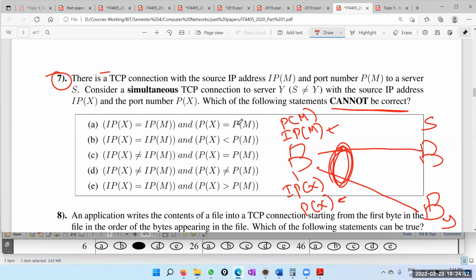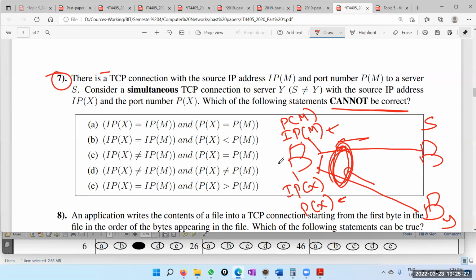No. If PX is equal to PM, the data packet coming from S and the one coming from Y will come and give you the data, right? Then your computer's operating system or whatever, that agent working on behalf of the transport layer, will be confused whether to give it to this program or to that program. So therefore, those two programs must have two different port numbers.